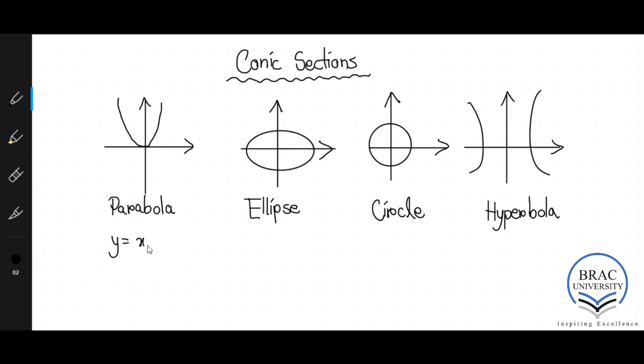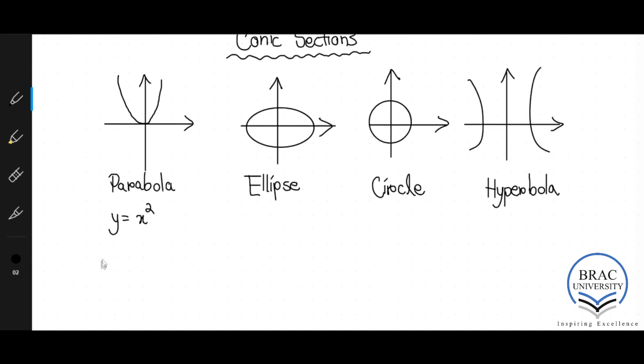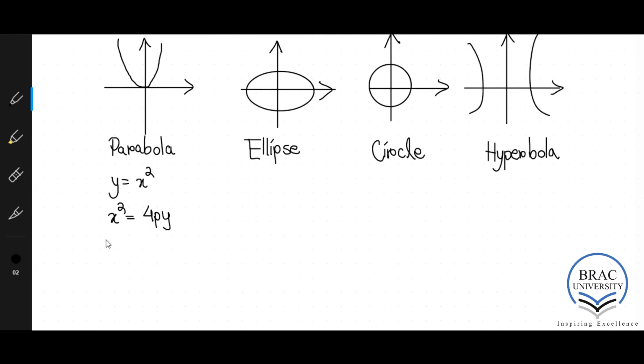We know that this has the common equation y equals x squared. In conic sections, we'll be using a more standard way to write this, which is x squared is equal to 4py. Now this equation uses the idea that the turning point, which we call the vertex here, is at 0, 0. However, if this turning point was not at the origin of the graph, we would have an equation that looks like this.